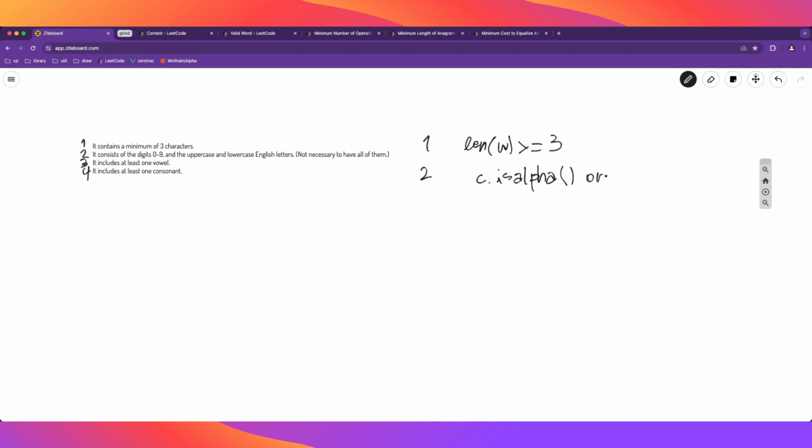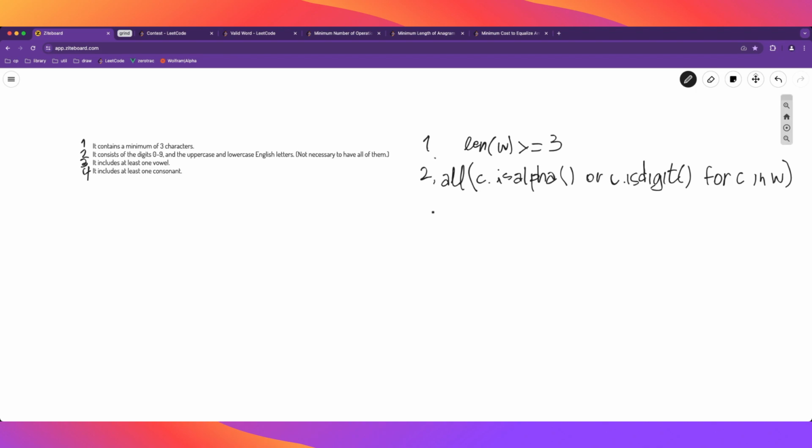Or c is digit. And we want all of them to be either one or the other. So for c in word, we want all of this to be true.